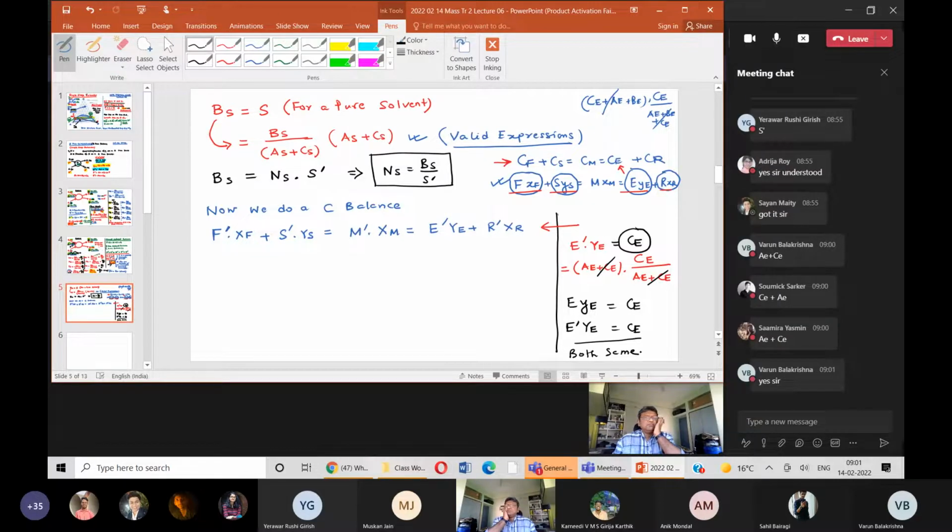Rishi, is it clear? Samira, is it clear? Bhavna, is it clear? So therefore, this is also a valid C balance. So my point is that everybody understands that this is a valid C balance.